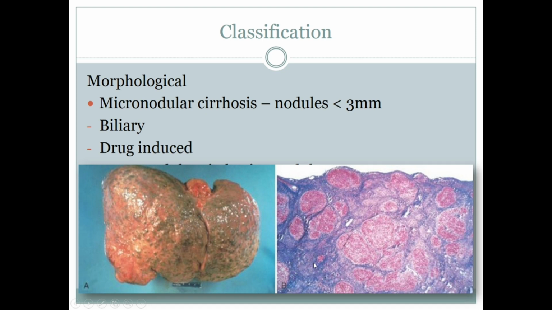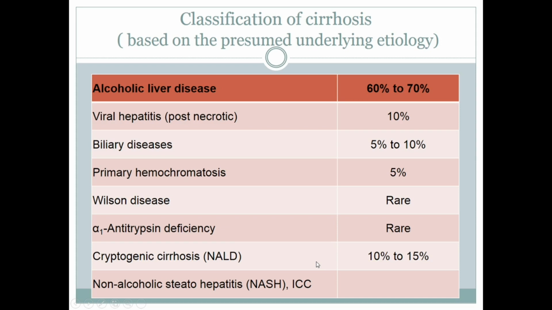Here the hepatocytes are totally damaged. Here you have larger nodules. So this is a mixed micronodular and macronodular cirrhosis of the liver with bile staining on the surface. This is a Masson's trichrome showing you the multiple regenerating nodules without any architecture. Architecture is totally lost, and you can see the thick bands of fibrosis.